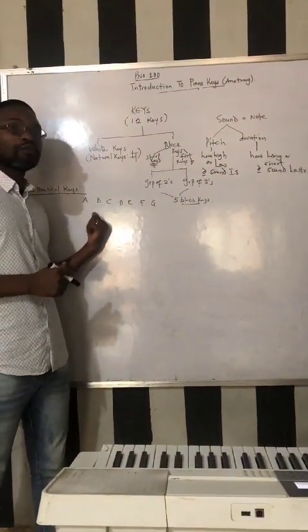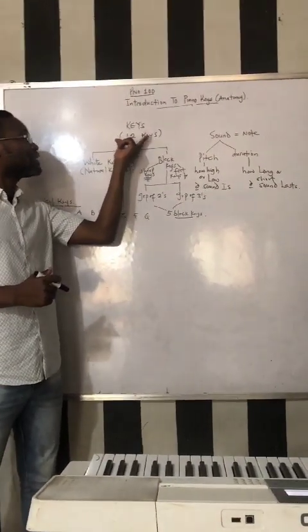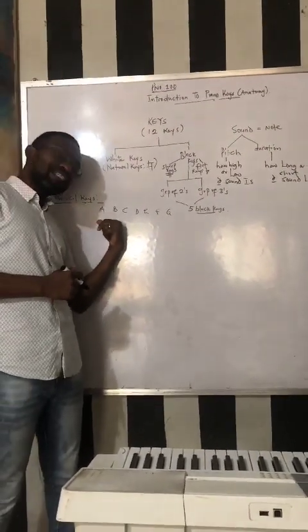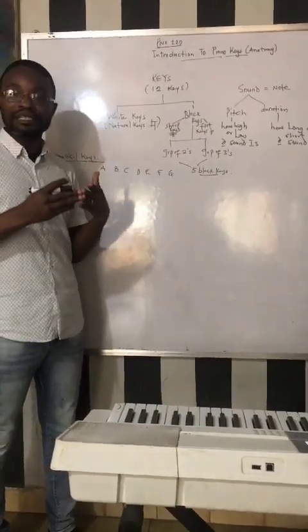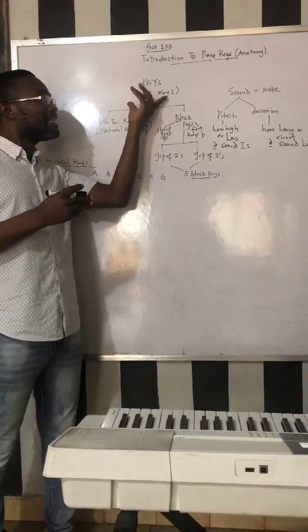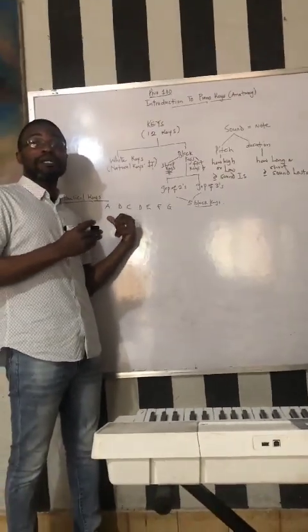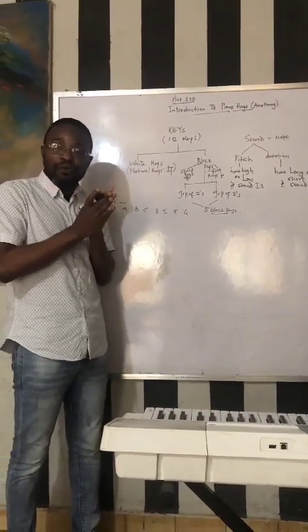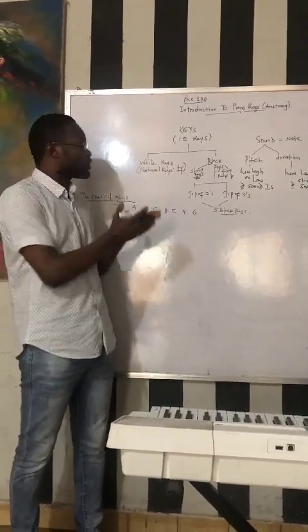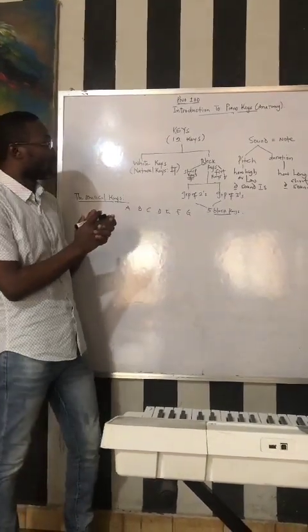Now, this A note is going to be produced by a particular key which corresponds to this A. And for that A note to be correctly represented, it means that that key which is going to produce the A note must be able to produce the appropriate frequency, appropriate pitch, which corresponds with A note. All right, so that is how it works.